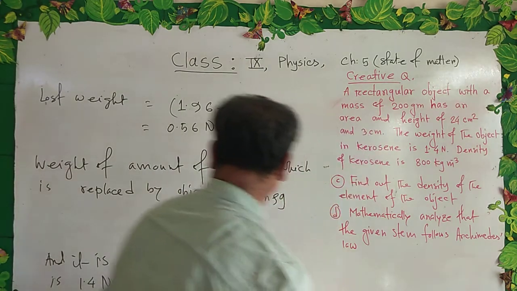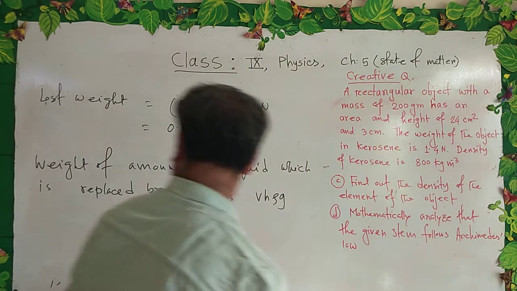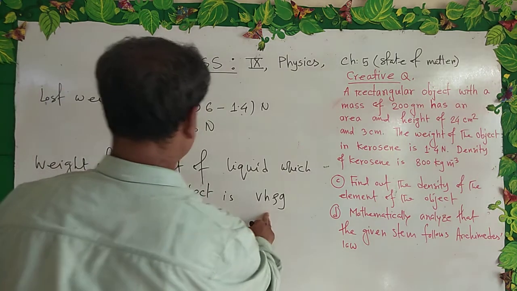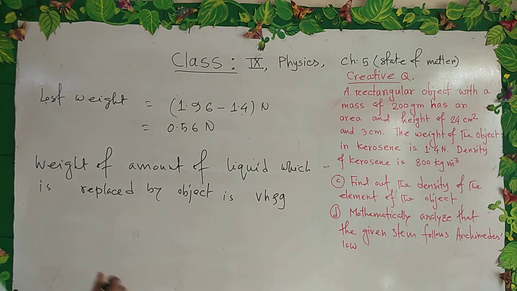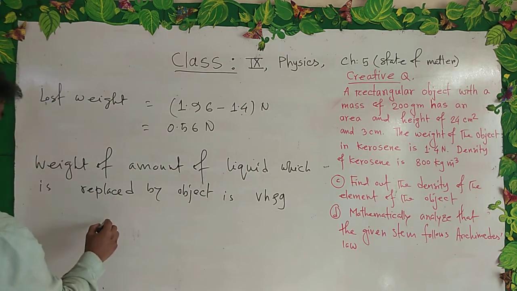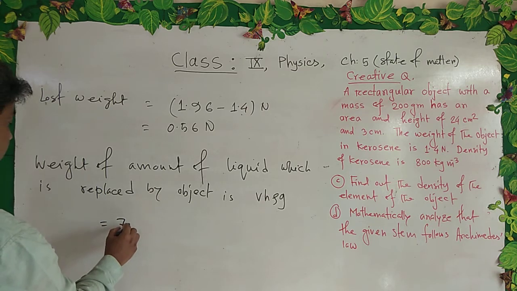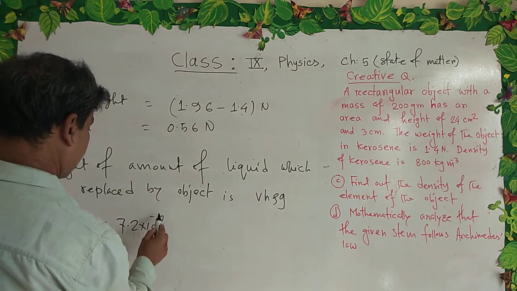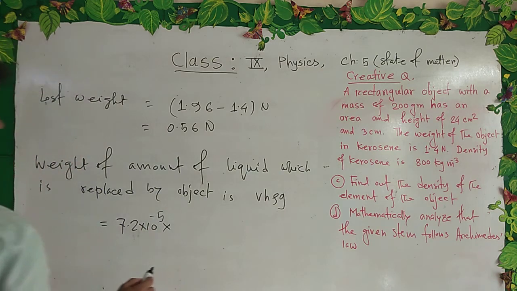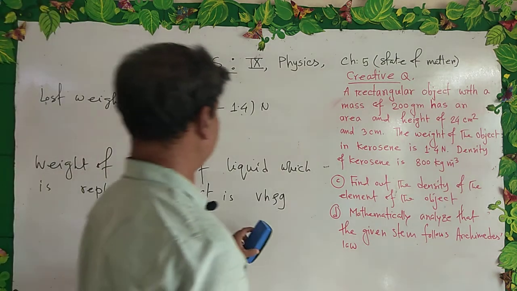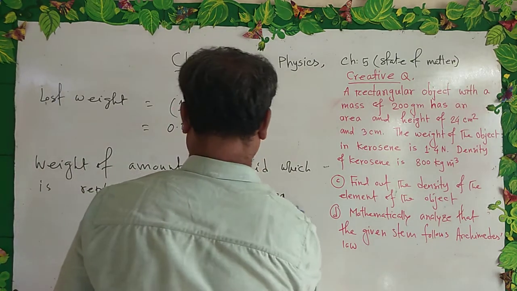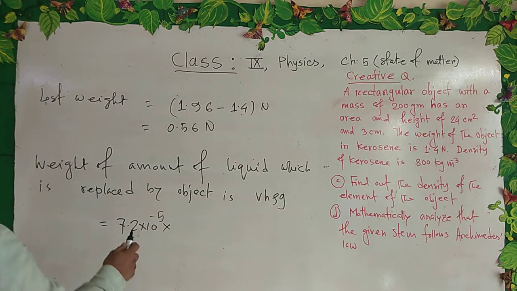So let me write the value of the symbol V. Volume of the object equals 7.2 into 10 to the power minus 5, in this V rho g.